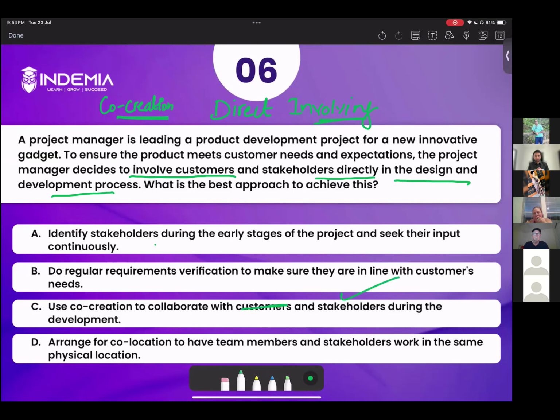You understand, everybody? Even the word stakeholders is written, it is understood it contains all relevant stakeholders. So correct answer is option C, but the keyword is co-creation. Co-creation is the only method where you directly involve stakeholders in the development process. All other options are incorrect. Let's read the explanation.